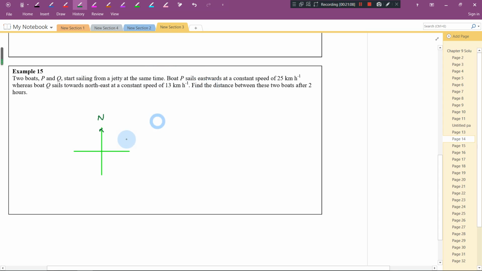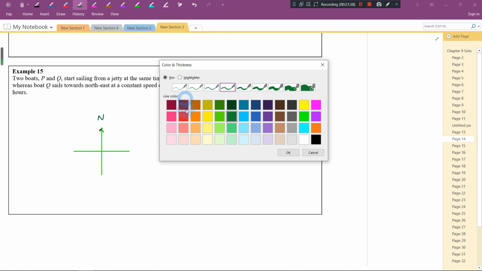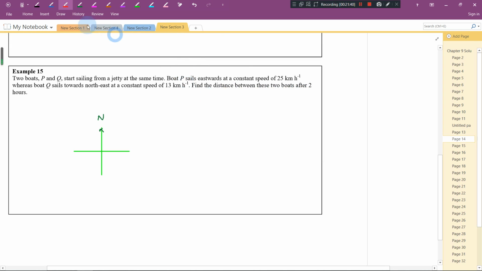Boat P sails eastward, go this way, 25 km per hour. Boat Q sails northeast. Northeast means this way, 45 degrees. So this is slower, so we know that this length will be shorter compared with this one. Let me change the color first.